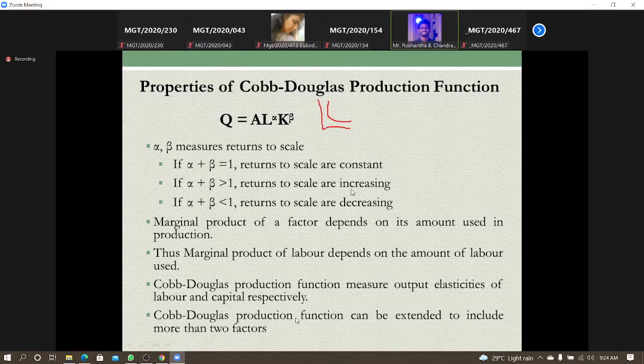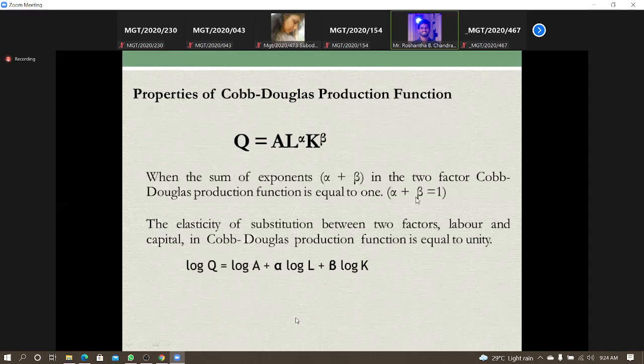When the sum of the components in the two-factor Cobb-Douglas production function is equal to 1, it becomes a single value.